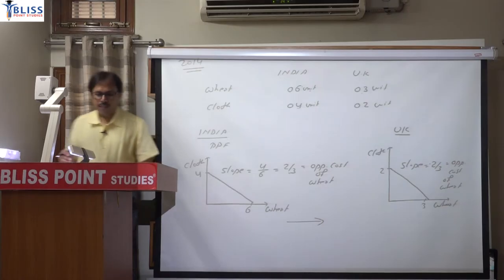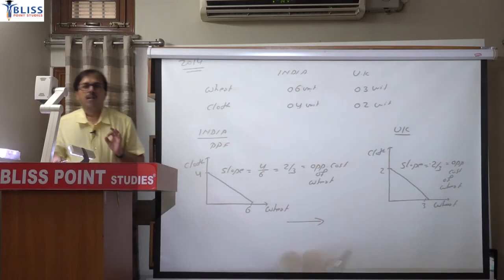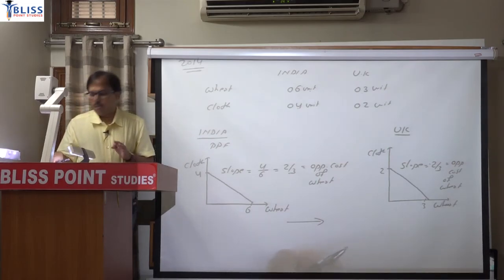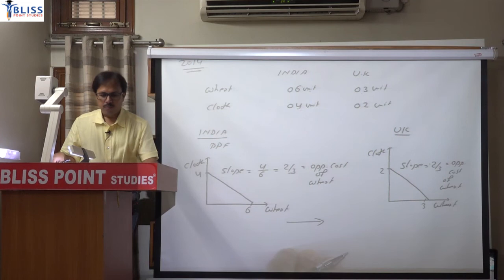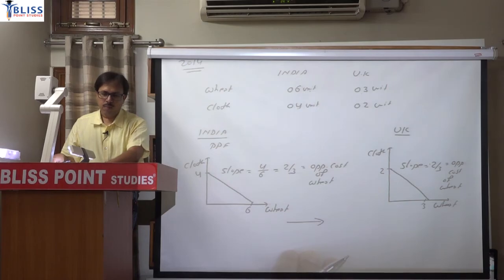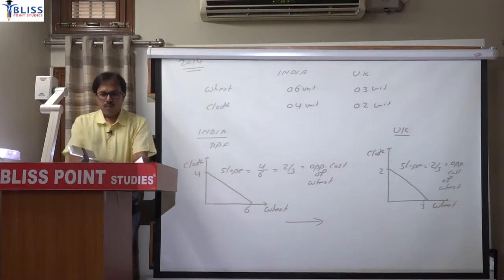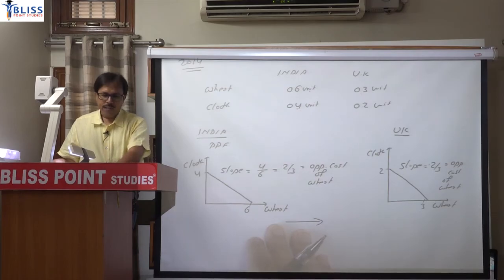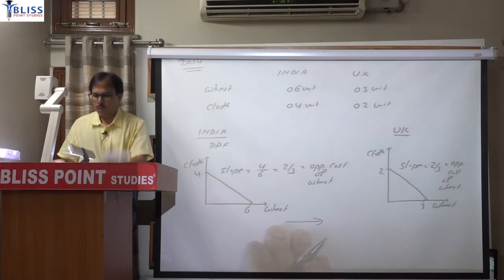Since the opportunity cost of wheat and the opportunity cost of cloth is the same in both countries, so there will be no trade between India and UK.